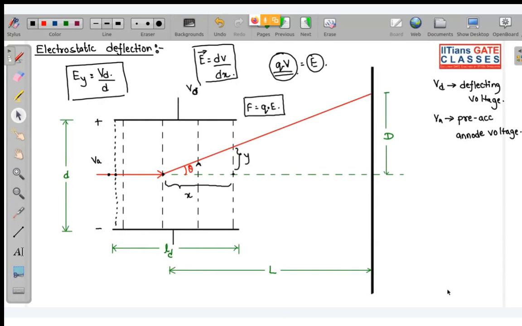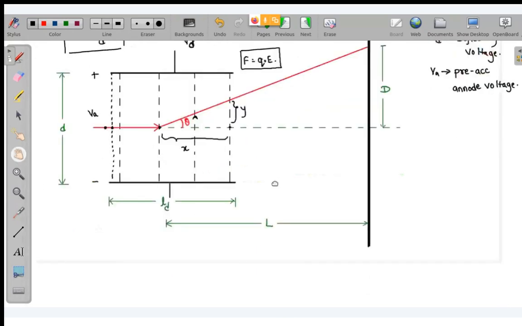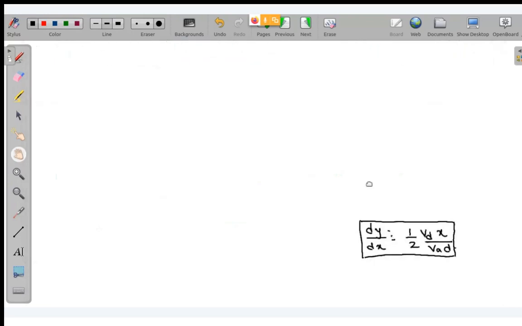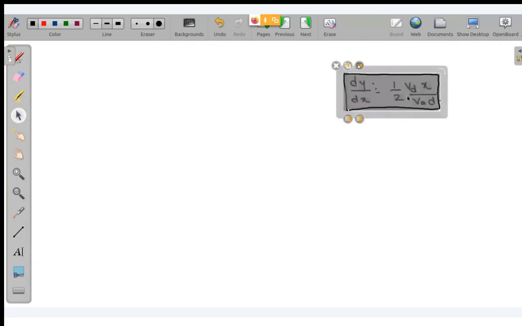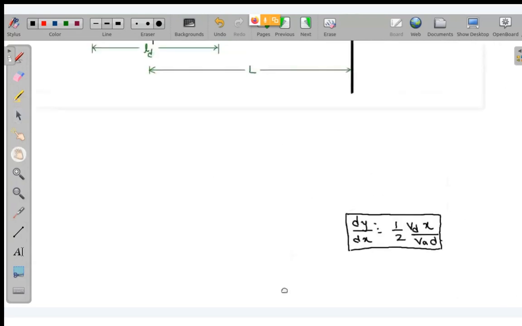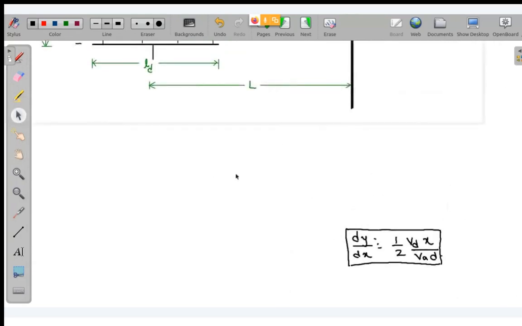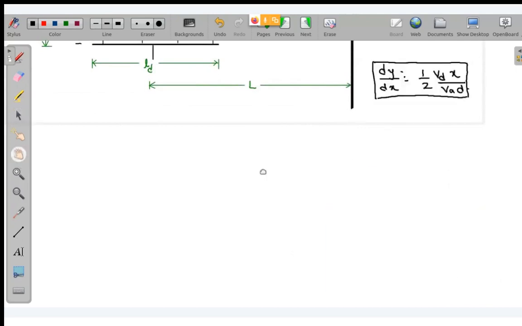Where is this diagram going? I was continuously thinking, where is this going? I am pressing Control C, Control V, and I am not able to see.